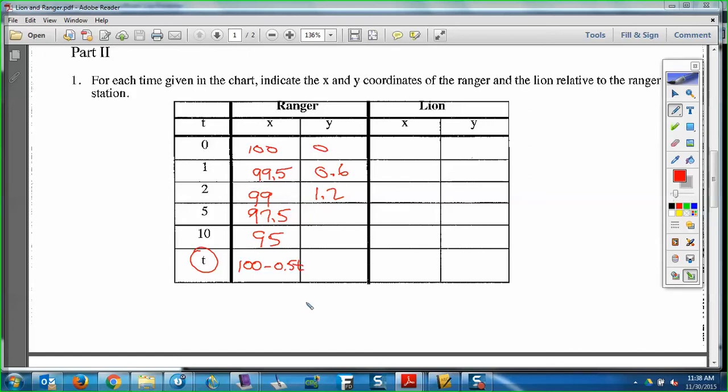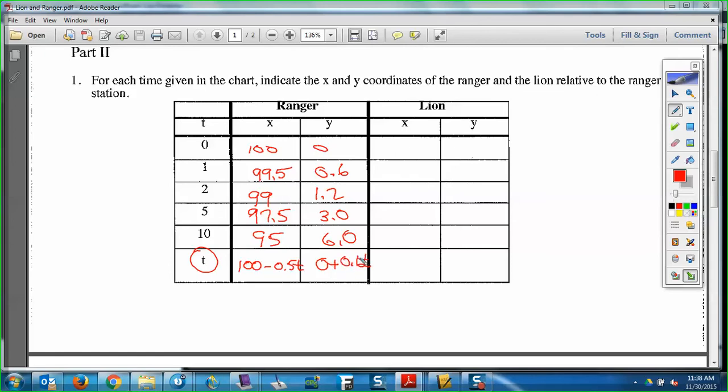The Ranger's X coordinate is 100 minus 0.5 for every minute he's walking. And the same thing is true here. He goes up 0.6 every minute. So 5 minutes he would be up 3. And in 10 minutes he'd be up 6. And we realize it's his starting point plus 0.6 every minute.